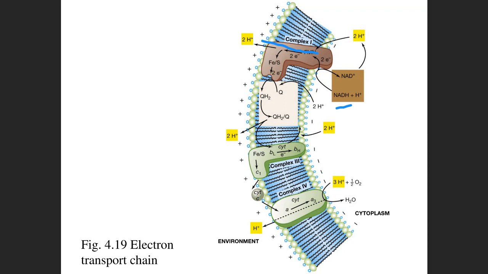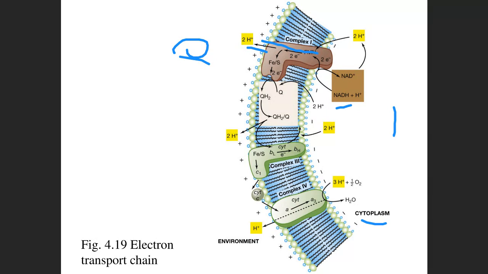The 2 electrons get over here, and then the protons come out. All right, look at this arrow. So the 2 protons from NADH actually go out. This is the outside of the cell, and this is the inside. And then the electron continues to flow, and in the process, the protons get pumped out.